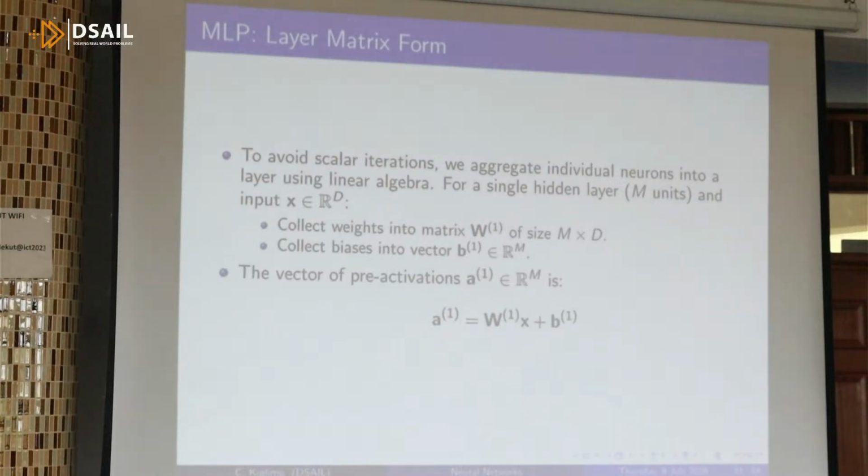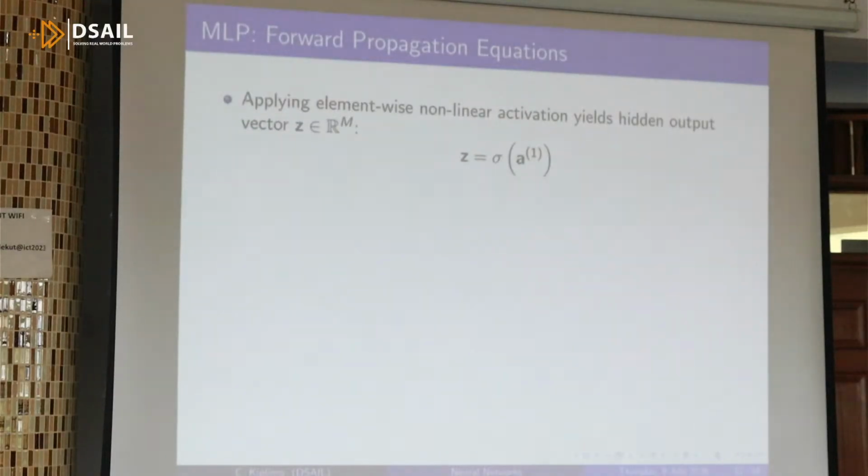So now A is a vector of preactivations. This A here is what I was writing there as A1, A2, A3, A4. After you've collected your preactivations together, you can now pass them through a what? An activation function. Because every single one of these neurons has the same activation function, you don't have a different activation function for various neurons. That means you can collect all of them into a single vector and pass them through an activation function.